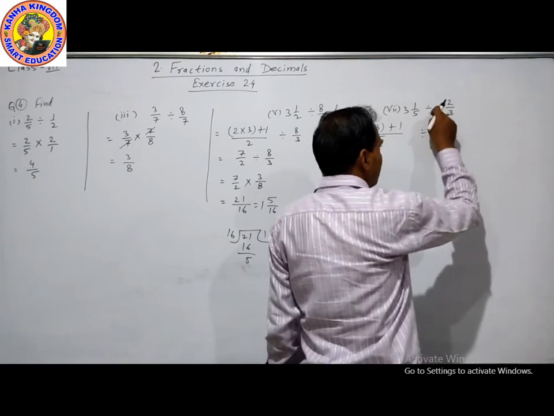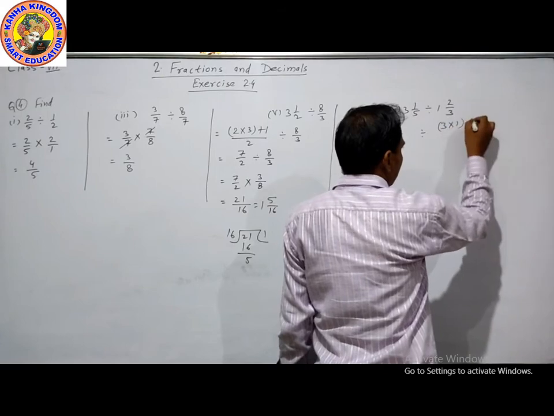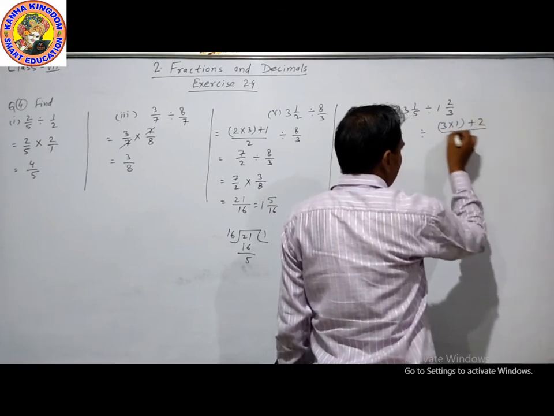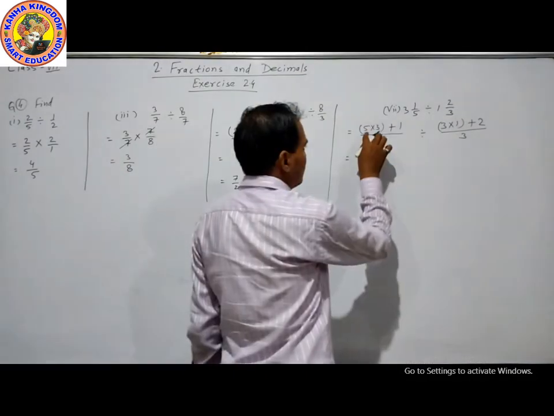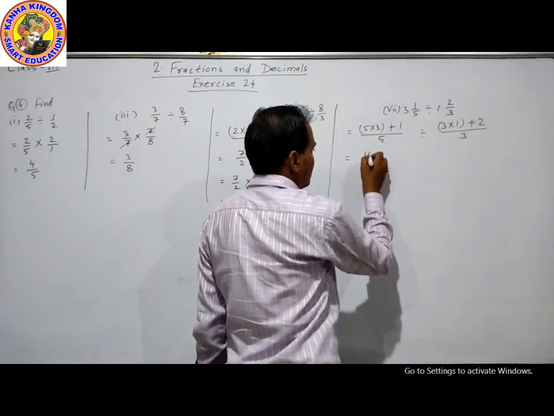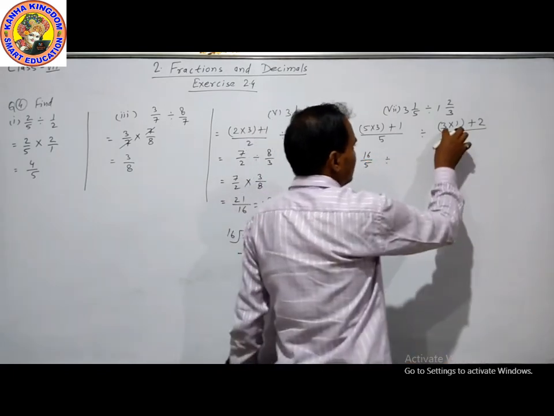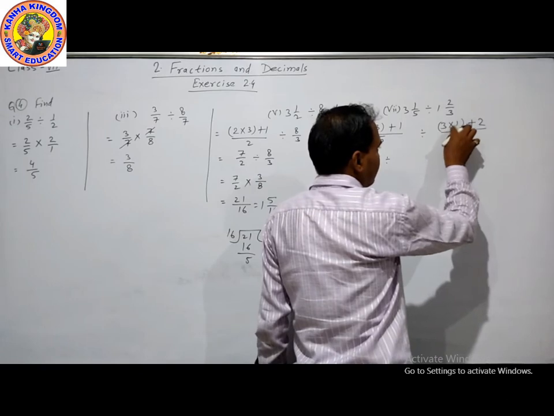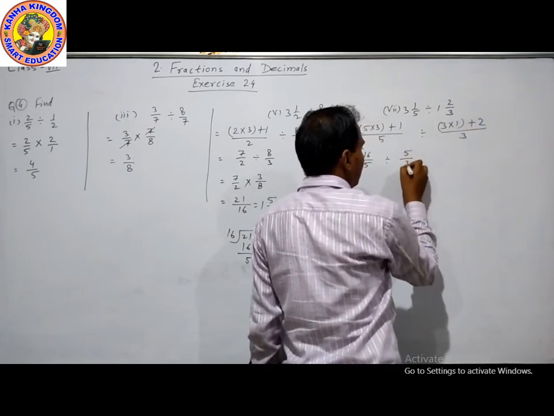So 3 into 1 then plus 2 upon 3. Now 5 into 3, 15 plus 1, 16. 16 upon 5, divide by 3 into 1, 3 plus 2, 5. 5 by 3.